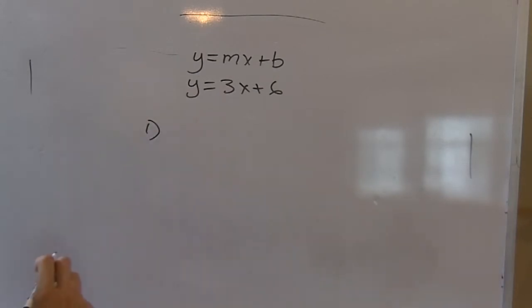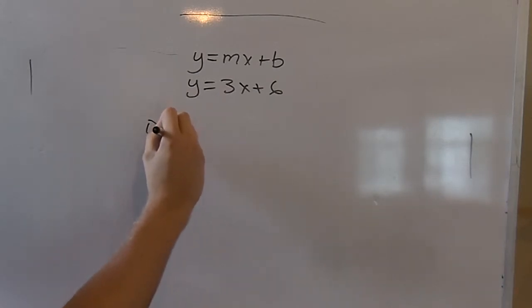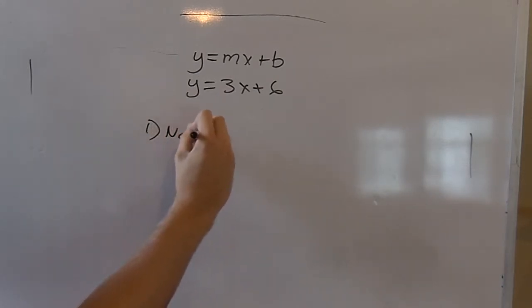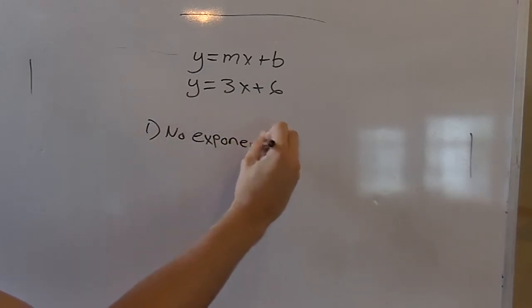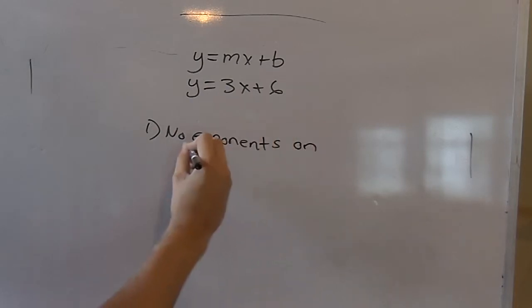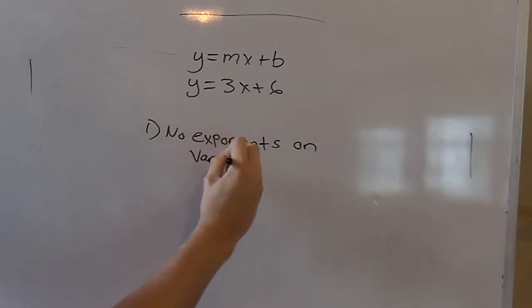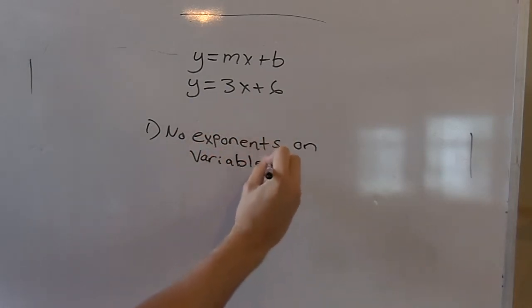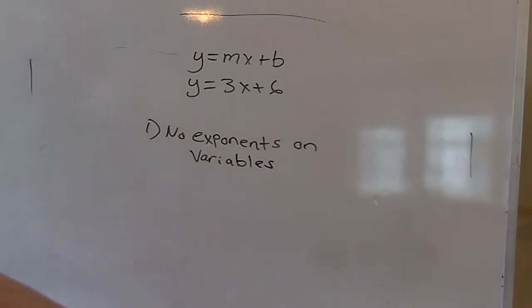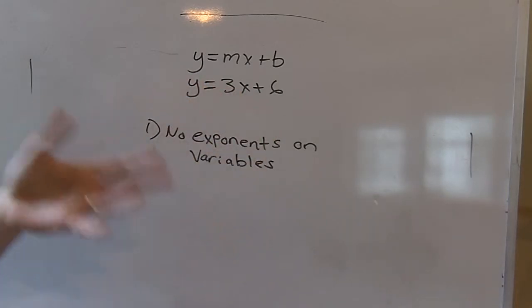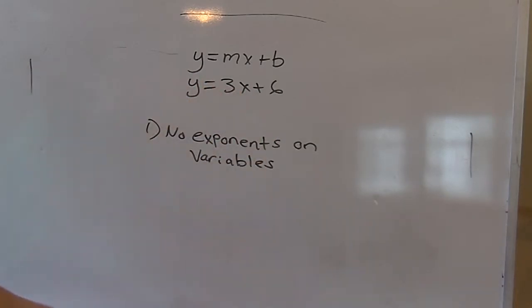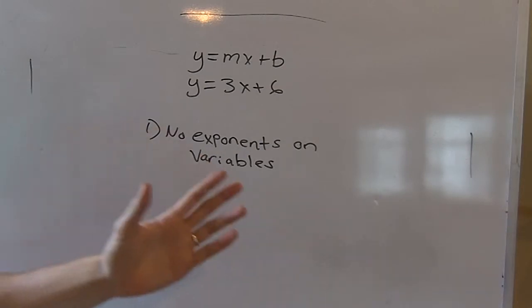First thing, number 1. Okay? There are no exponents on the variables. Or another way to word that is, x and y can only have an exponent of 1. We don't write exponents of 1, but every number and every variable has an exponent of 1 unless it's otherwise shown.